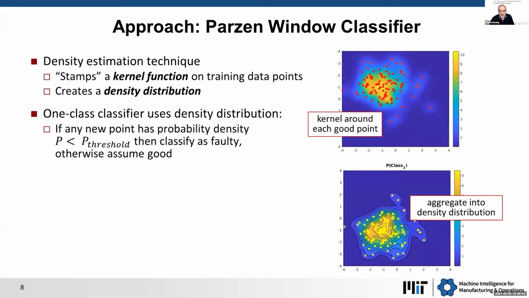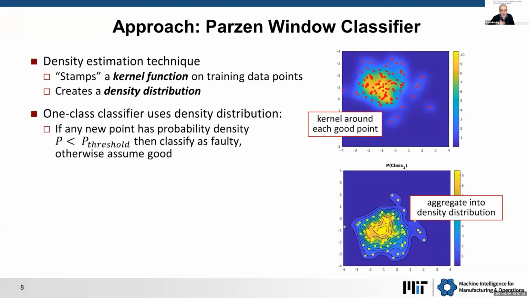What this motivates goes by different names: Parzen window classifier, or some kind of density estimation classifier. With the Parzen window, you can imagine that each of your data points stamps out a kernel in the multidimensional space. Maybe it's Gaussian or some other kernel that says, for things near that point, I want to add probability density to my space.